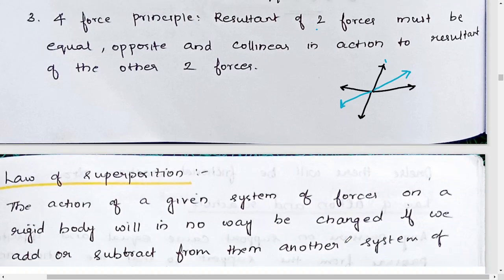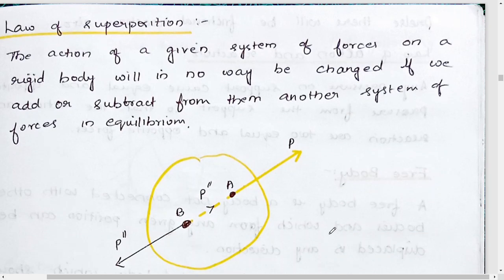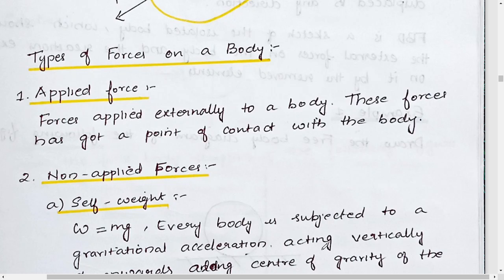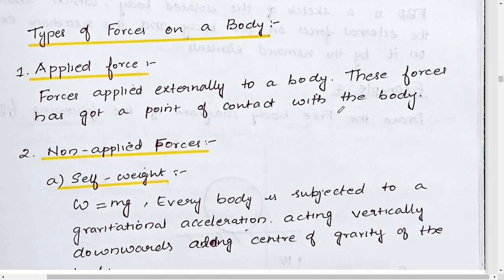Okay, now let us talk about the law of superposition. The action of a given system of forces on a rigid body will in no way be changed if we add or subtract another system of forces in equilibrium. Then we have some types of force. We have applied force, which is force applied externally on the body.